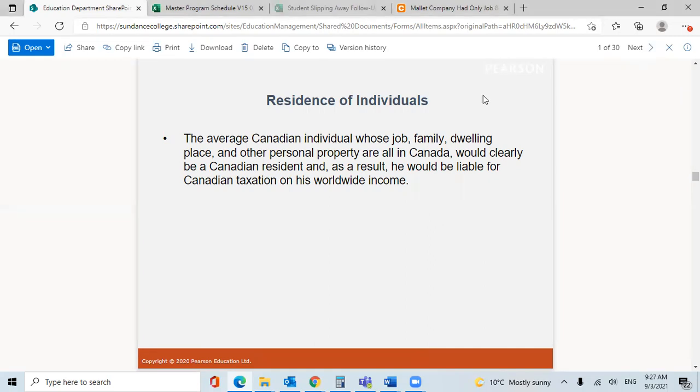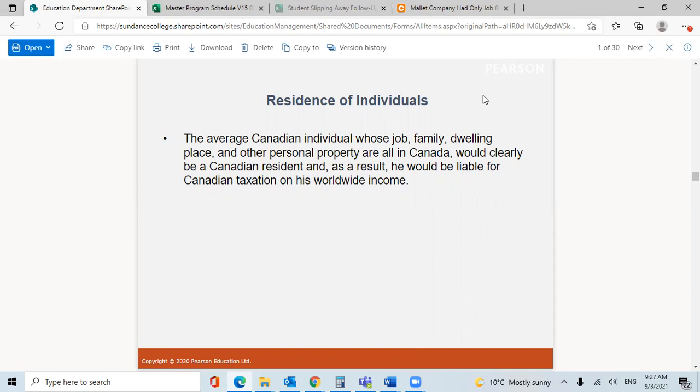So regarding the residents, as we know, all the Canadian residents need to file their income taxes. So if a person is considered to be a resident of Canada in a specific given year, that person will be subject to Part 1 for that year on all sources of income, regardless of where those incomes are earned.